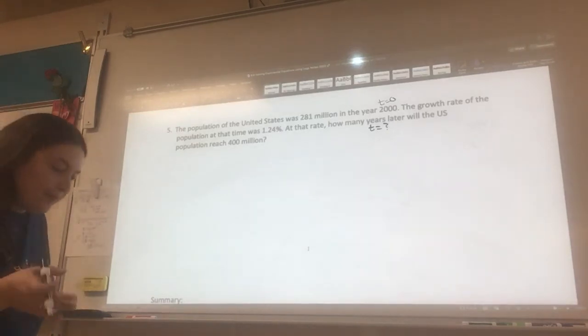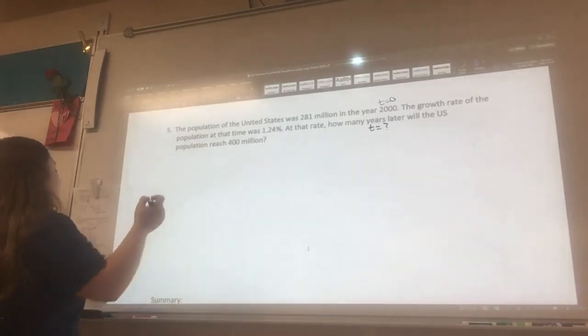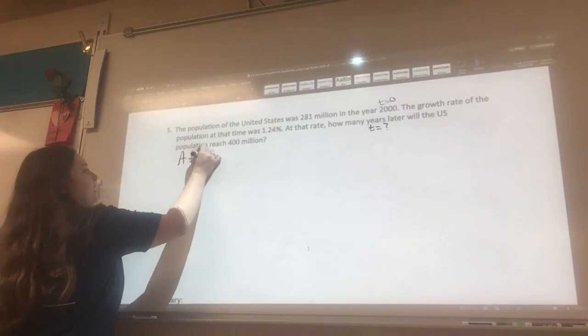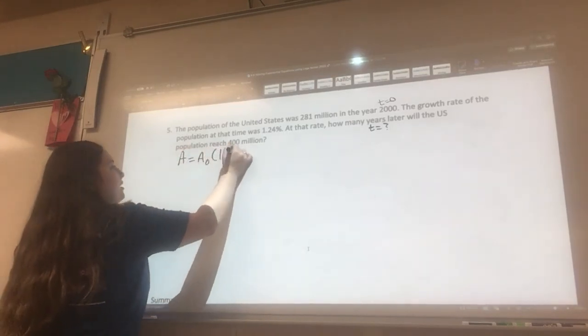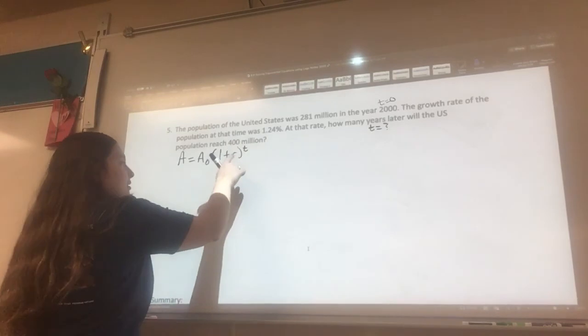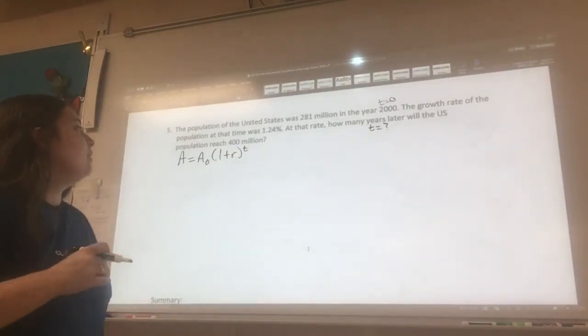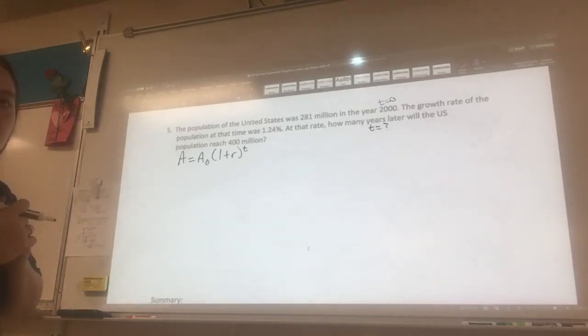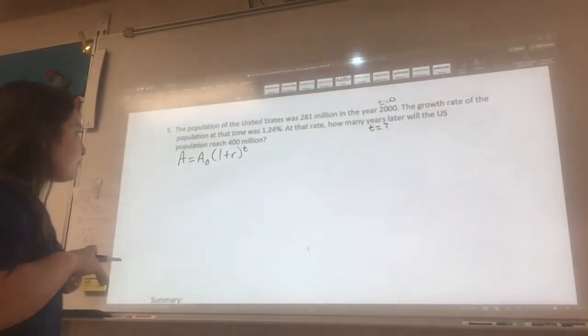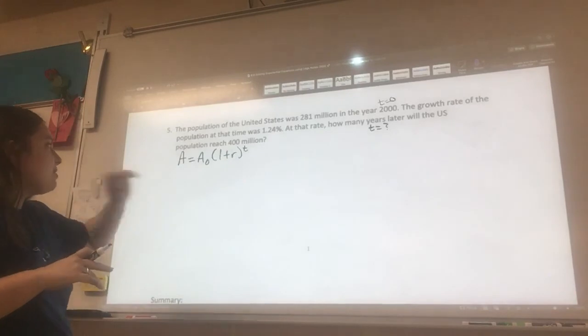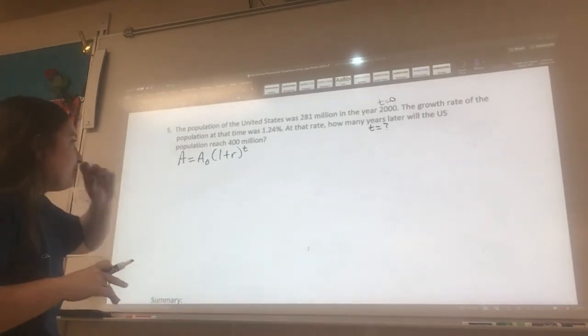Well, if you remember that lovely equation of A equals A naught times (1 plus r) to the t, that is a great basic interest equation and a way to find time when rate is involved. So we're going to go through again and determine what variables we were given.